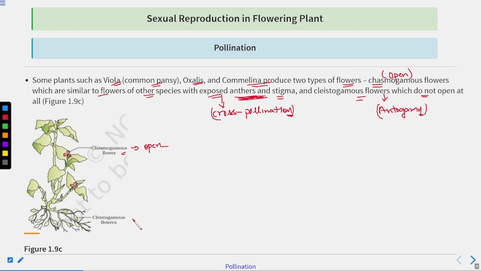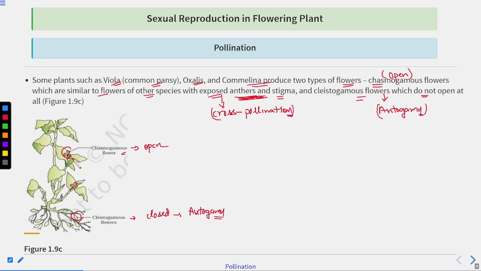And then we have the cleistogamous flowers. These flowers are closed. If they are closed, how will they do the seed setting as well as the fruit formation? Through autogamy. They will show self-fertilization or self-pollination.